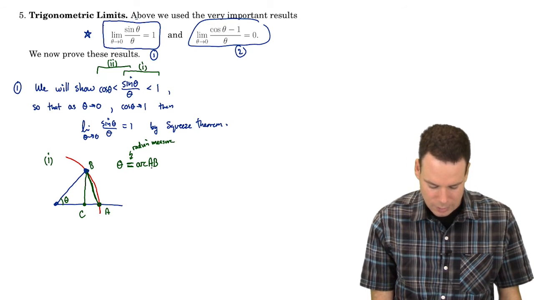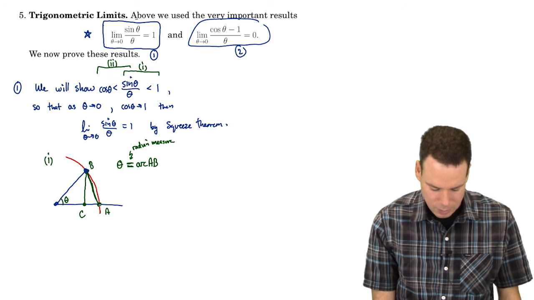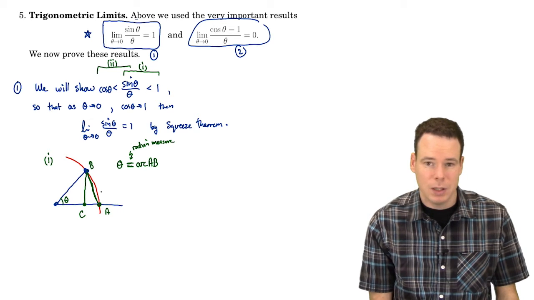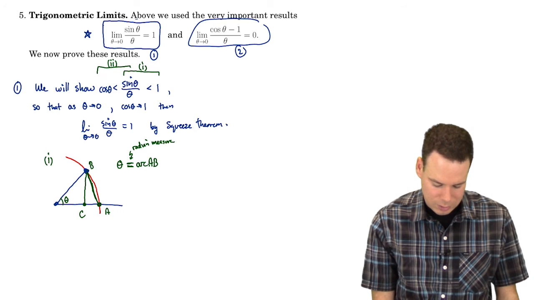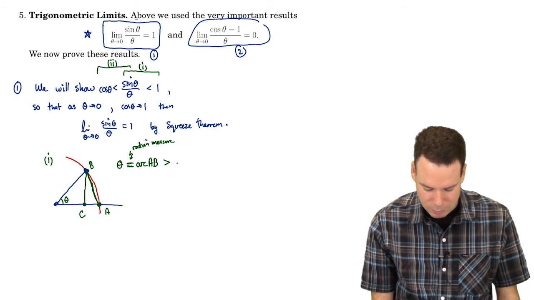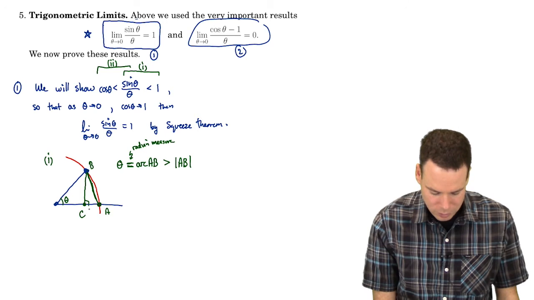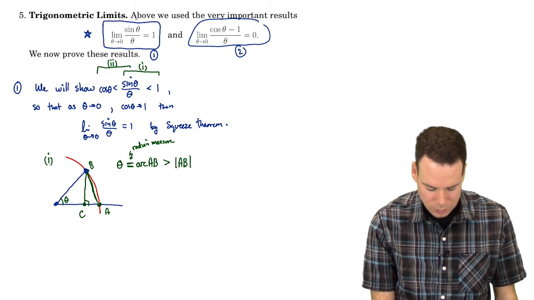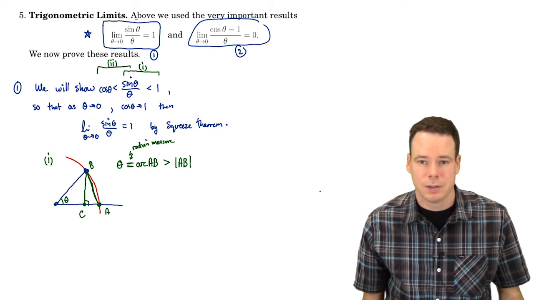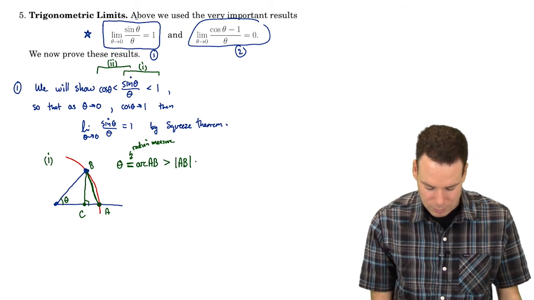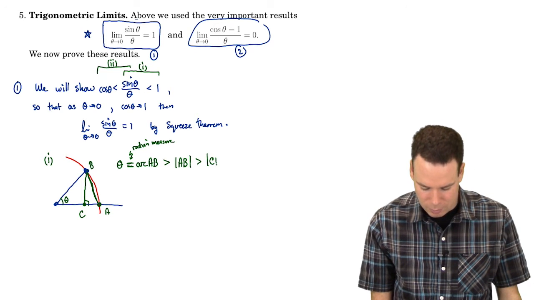Theta is the length of the arc. What is the length of the arc as compared to the length of the line segment AB? Well, the shortest distance between 2 points is a straight line, so the arc has to be bigger than the line segment connecting the same 2 points. Now we've got a little right triangle here. The hypotenuse is the longest of all 3 sides of a right triangle, so it's got to be longer than CB.